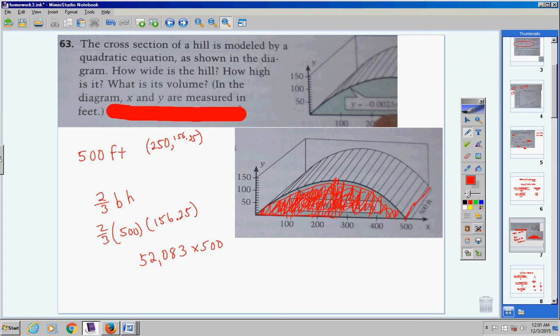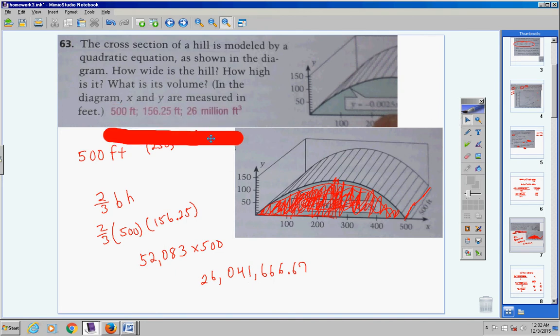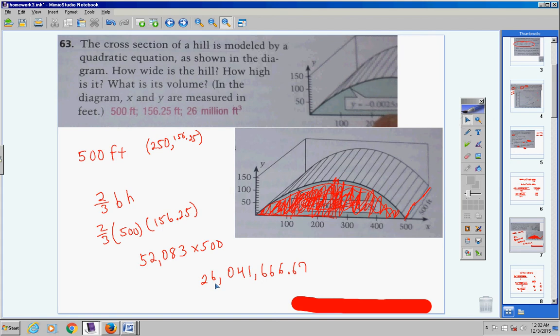And that will give you the volume. Now when I did that, I got 26,041,666.67. Their answer is 26 million. So they just rounded to the nearest million.